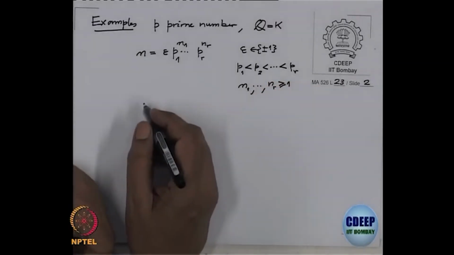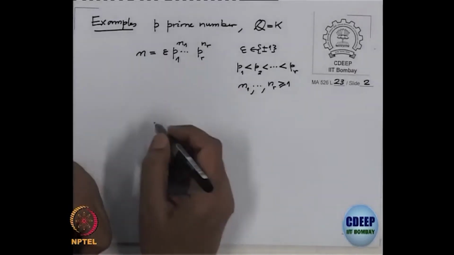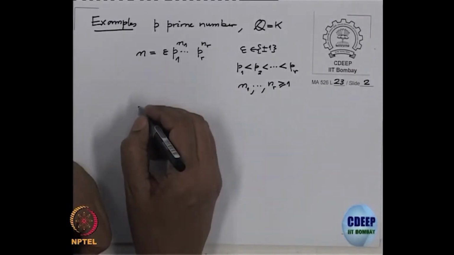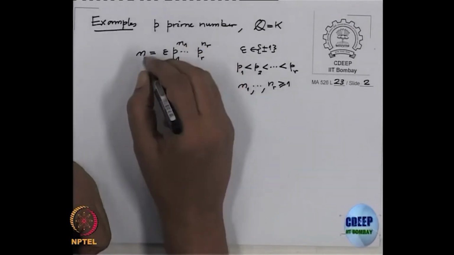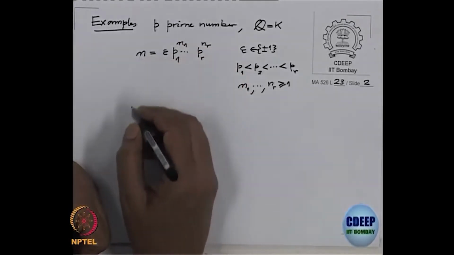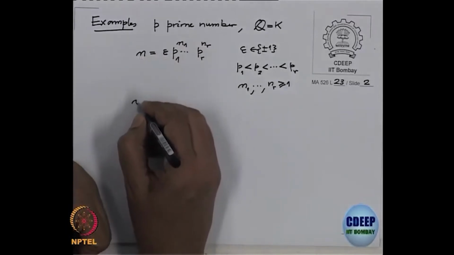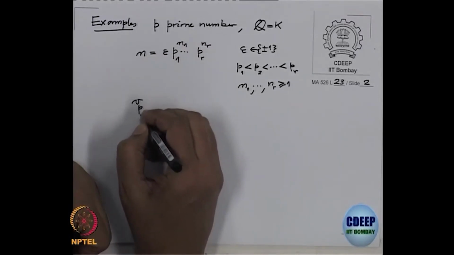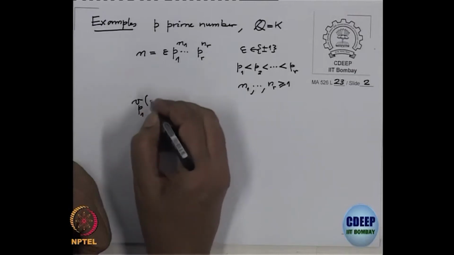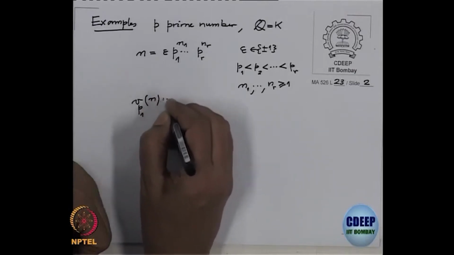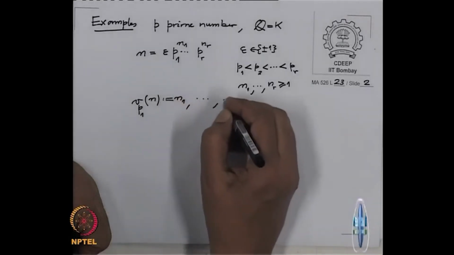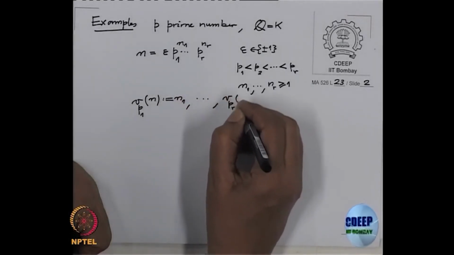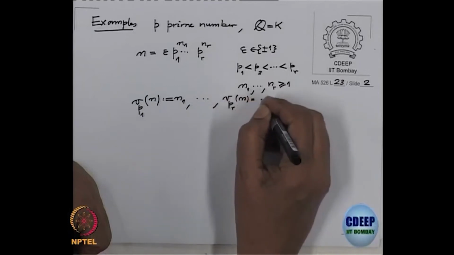One might have seen in school that the standard notation for the highest power of P1 that occurs in n is Vp1 of n, which is N1, and so on, Vpr of n is NR.